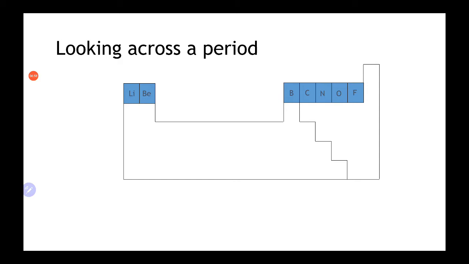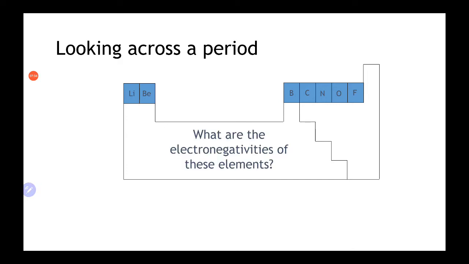We'll go for looking across a period, so we'll stick with lithium across to neon again. The good thing is that you've got values for this in the data book, so you maybe don't even need to remember this trend. But if you have been understanding the nuclear charge and electron shell stuff, you shouldn't have a problem remembering it because it's the same stuff all the time.